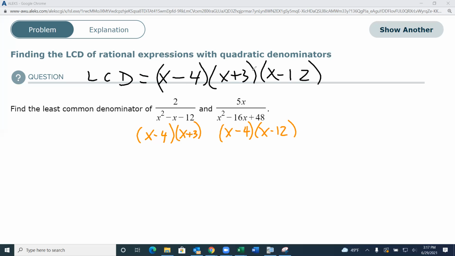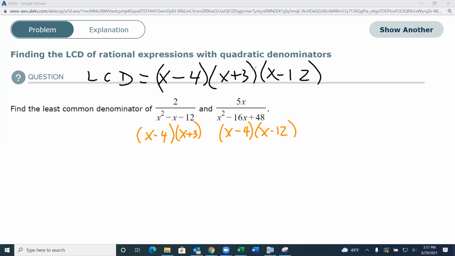In the past, you have probably done problems where there were no variables and you thought, who cares about LCD? I'll just multiply by any denominator. And it worked fine. When you've got variables in there, it often becomes a lot harder if you don't pick the least common denominator.